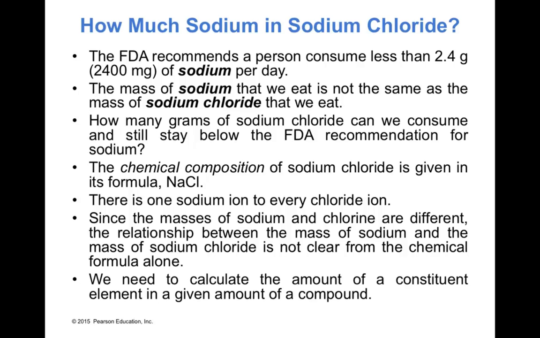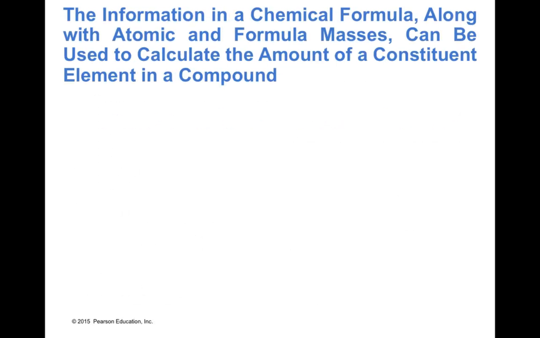That's why we need to calculate the amount of a constituent element in a given amount of a compound. The information in a chemical formula, along with atomic and formula masses, can be used to calculate the amount of a constituent element in a compound.